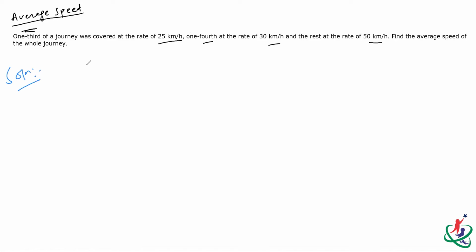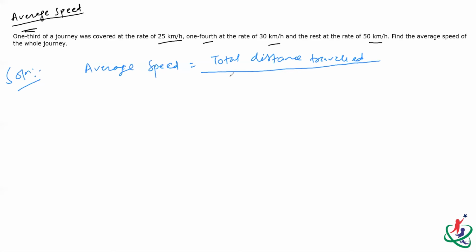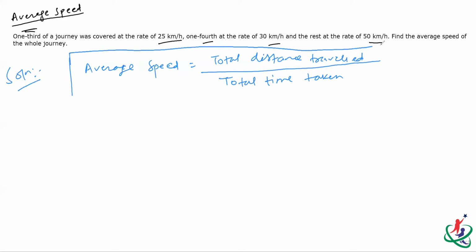First, I'll write the formula for average speed. The formula for average speed is total distance traveled upon total time taken. So whatever the total distance one is covering and the time taken, if you divide the distance by time, you will get the average speed.